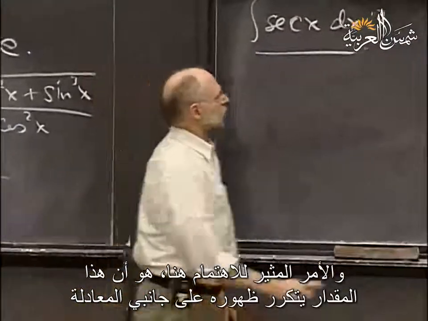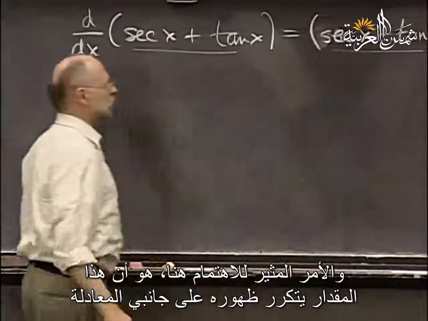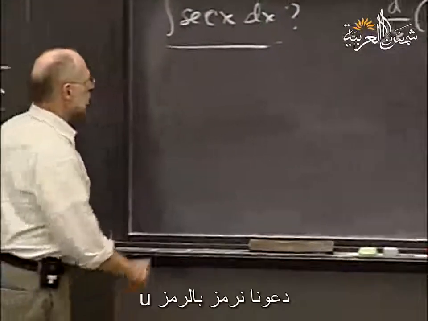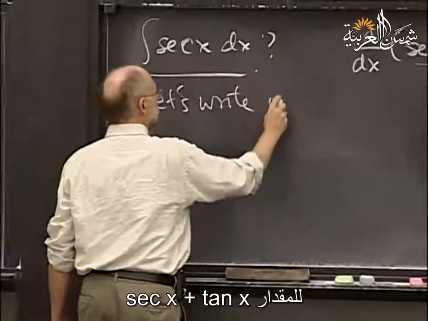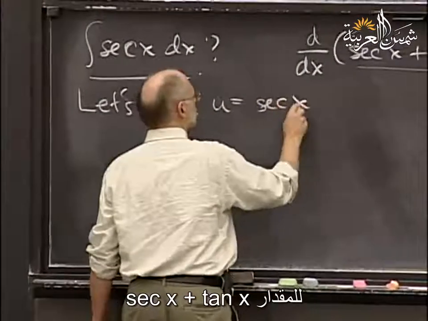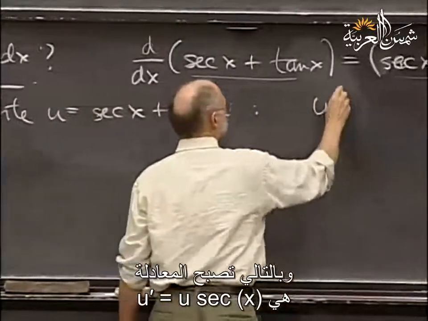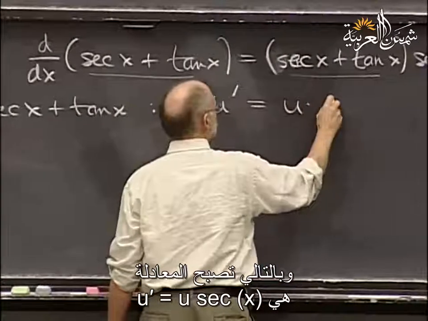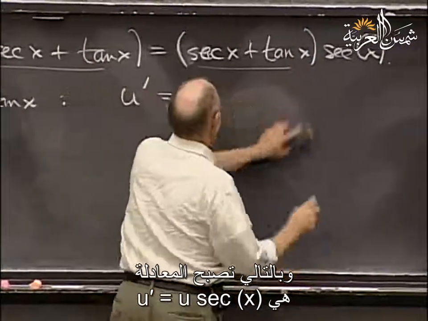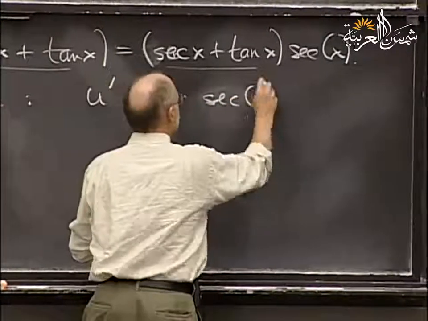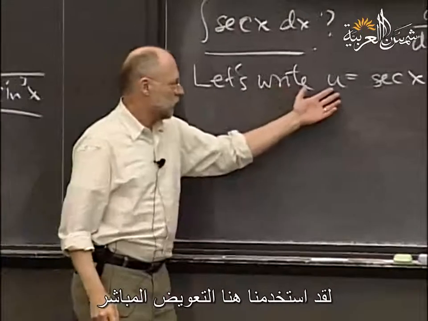So that's interesting somehow, because this same term appears on both sides of this equation. Let's write u for that secant x plus tangent of x. And so the equation that I get is u prime equals u times the secant of x. I've just made a direct substitution.